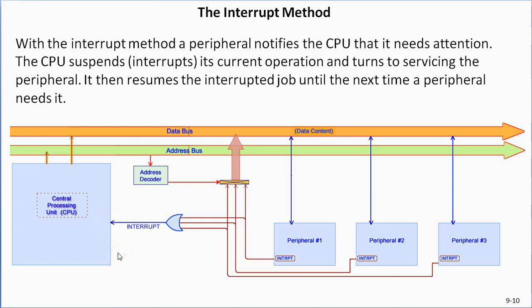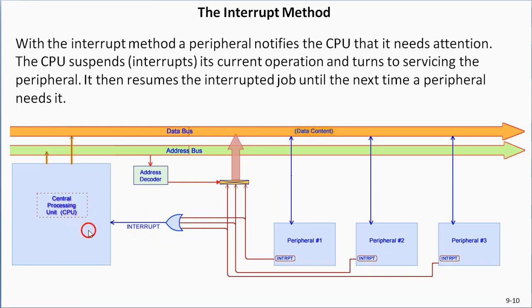So in more detail, one or more peripherals raise an interrupt signal to request servicing, i.e. the attention of the CPU. A single signal is produced by combining the individual peripheral interrupts and is fed to the CPU to request attention.